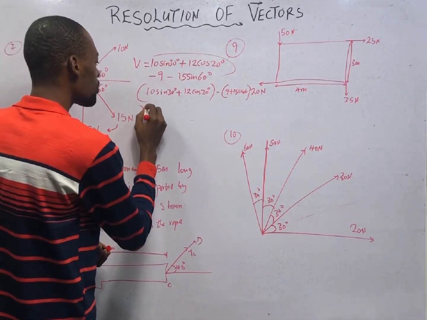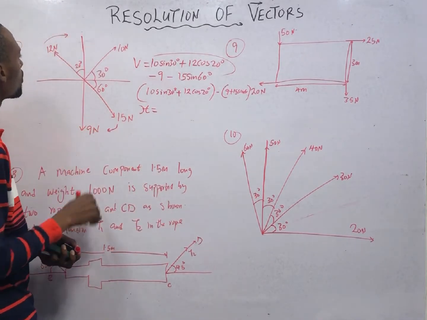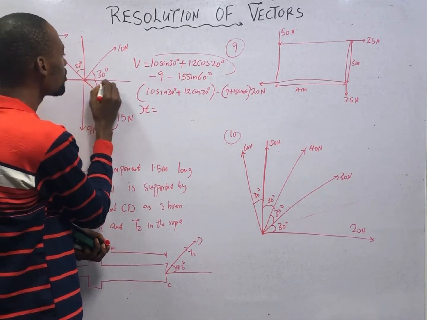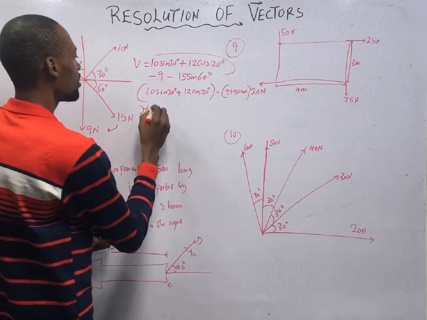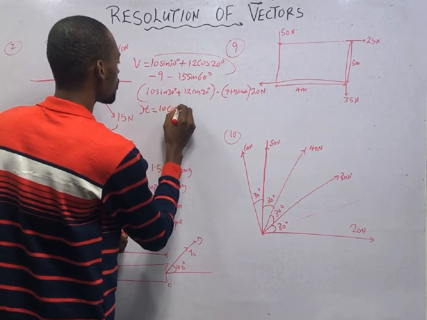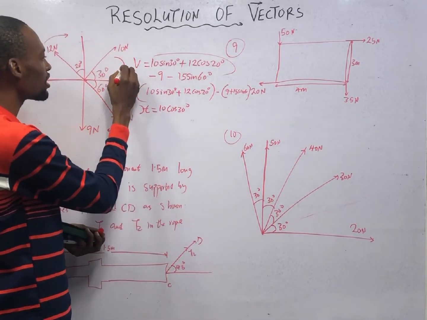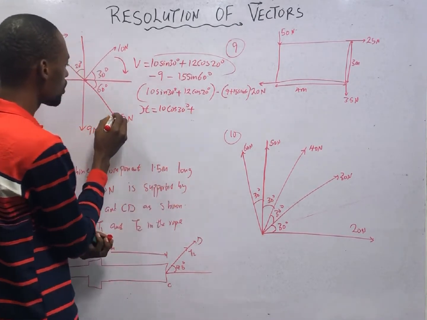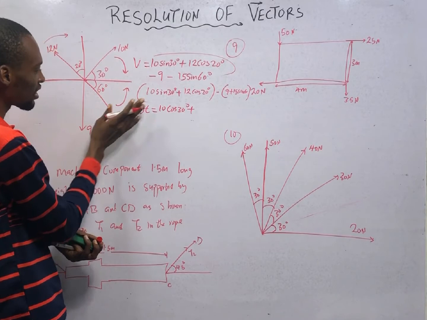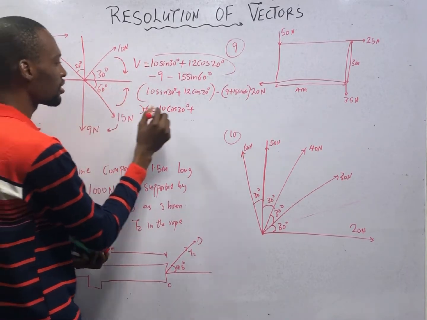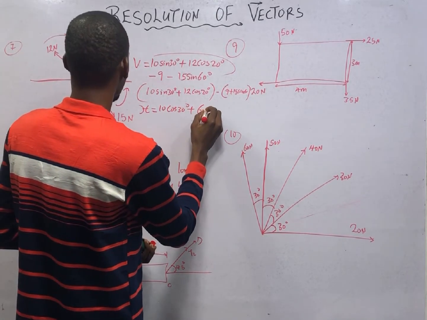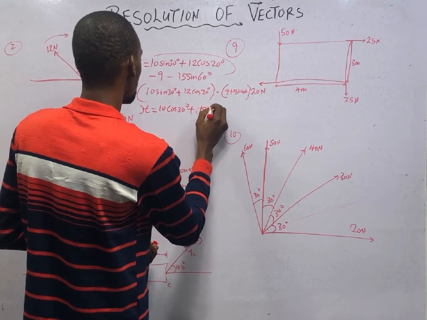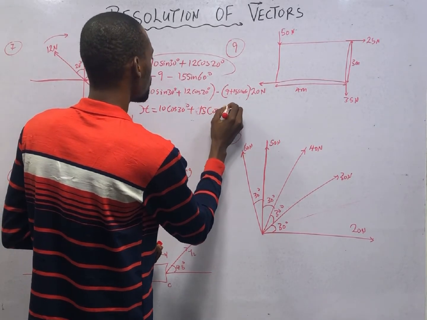How about the horizontal component? It is simply, okay, nothing straight here, nothing straight here. So we have 10 cos 30 degrees plus, when we resolve here to this place, it goes in the same direction, 15 cos 60 degrees.